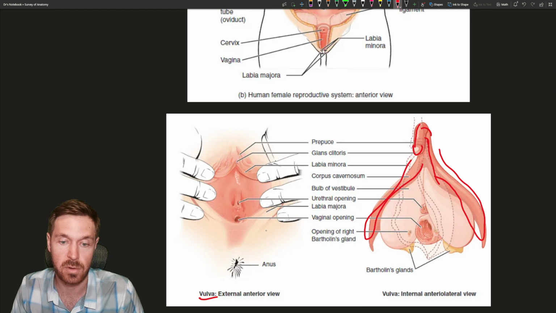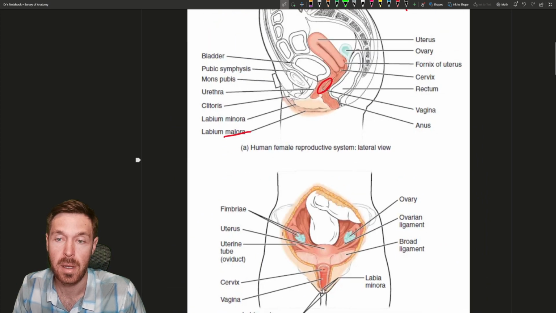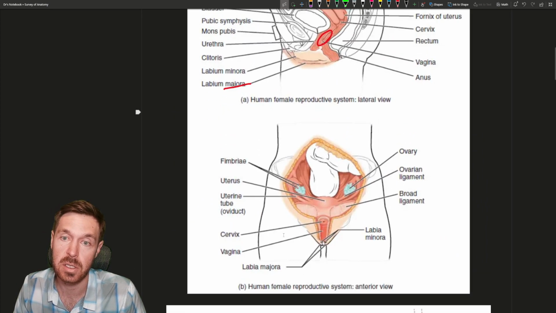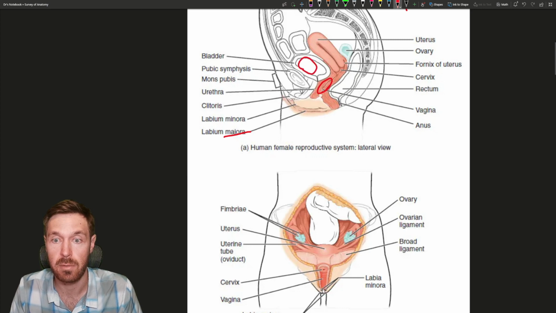So the vulva is the structure itself. Within the vulva, there's the vaginal opening and also the urethra opening. So they're located very close to each other, along with the anus, which isn't too far away as well, which increases the risk of UTIs in women. So then UTIs can easily travel up the short urethra and then get to the bladder right here.